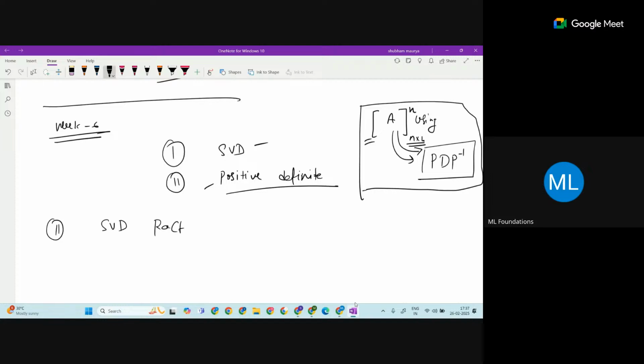Okay, suppose a matrix of m cross n order, which is a rectangular matrix. Suppose we want to do some operations on the rectangular matrix.